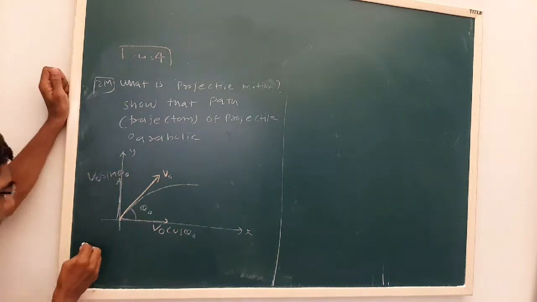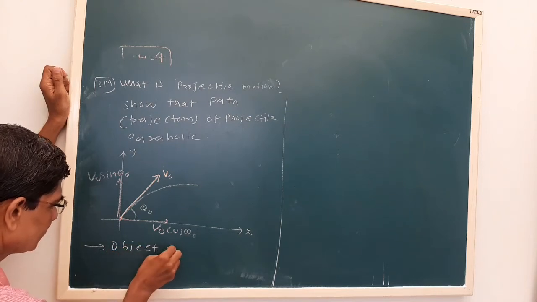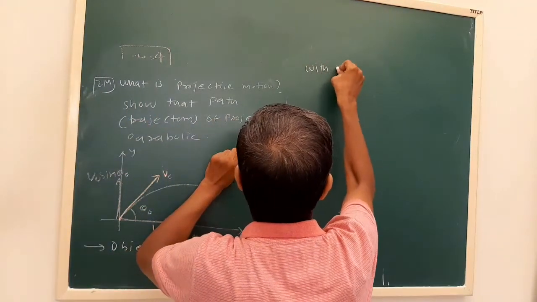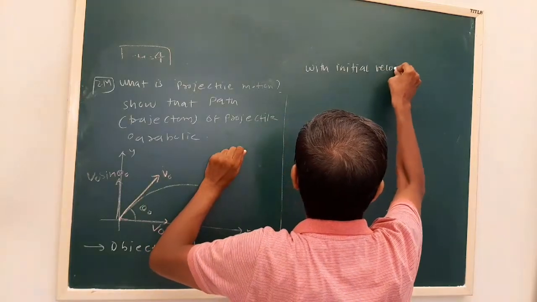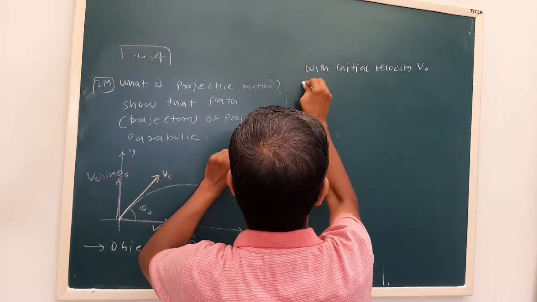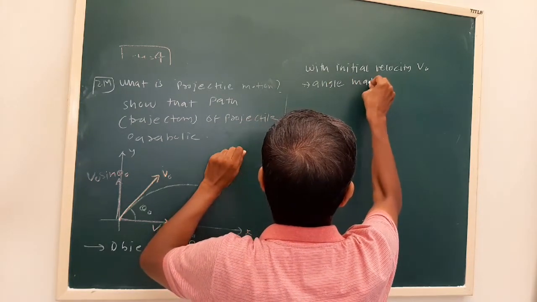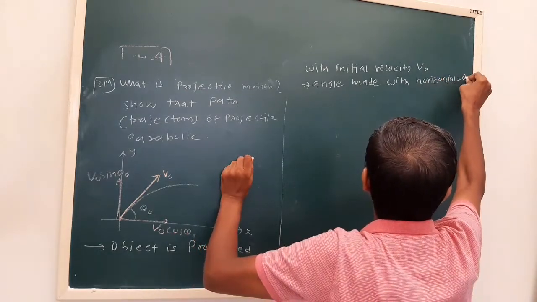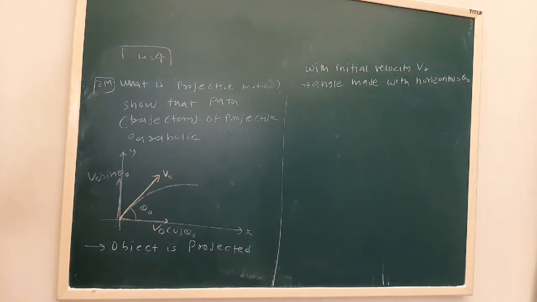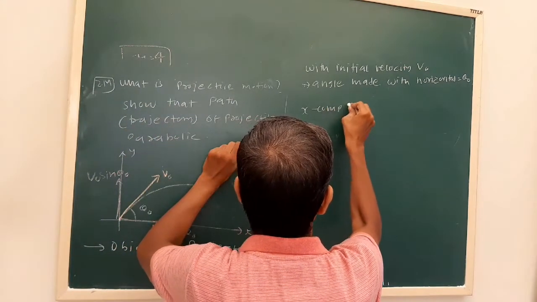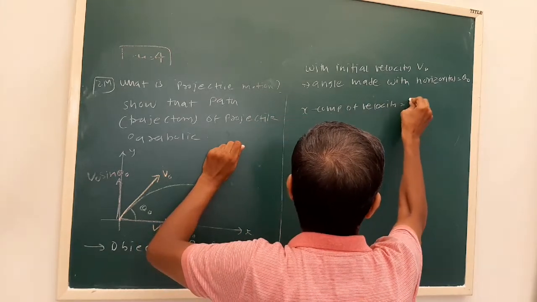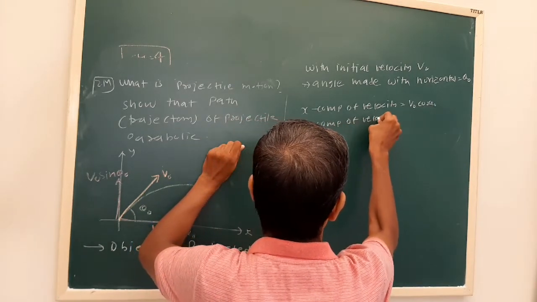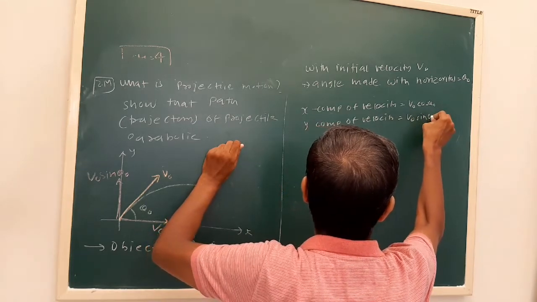So the object is projected with initial velocity v0, at an angle theta 0 made with the horizontal. Now the two components of velocity, the x component and the y component.